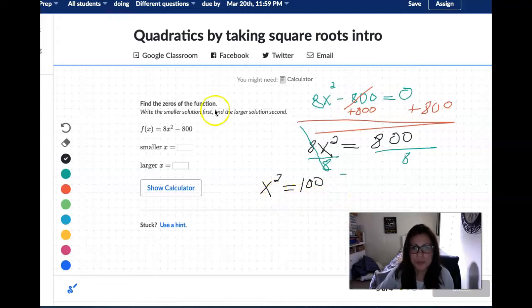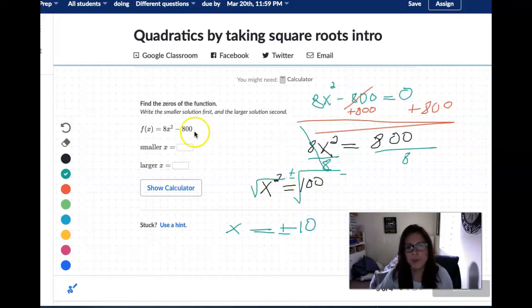And now finally, to undo a square, we square root. Don't forget the plus or minus. So you get x equals plus or minus the square root of 100, which is 10.